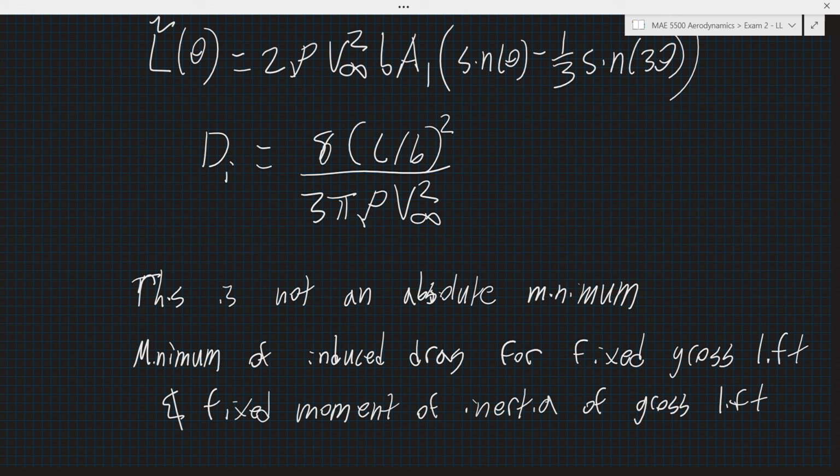Okay, so there's that equation there for the minimum induced drag for a wing, where we are minimizing induced drag as well as minimizing that wing bending moment.